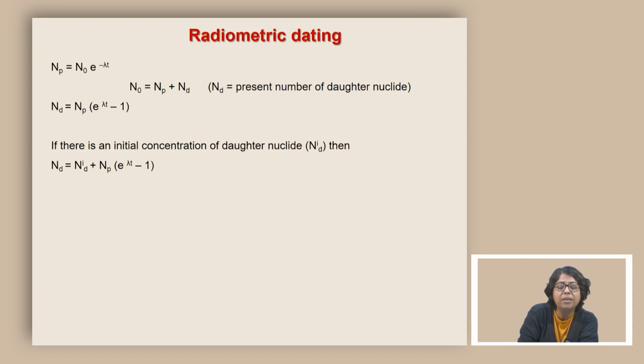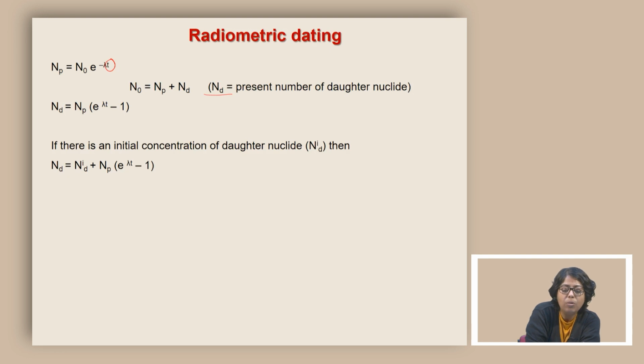Now, let us look at exactly how this is done. The general understanding of radiometric dating, or radioactive decay, tells us that the number of parent nuclides would be equal to N0 e to the power minus lambda t, where t designates the time. And we are denoting Nd as the present number of daughter nuclides.